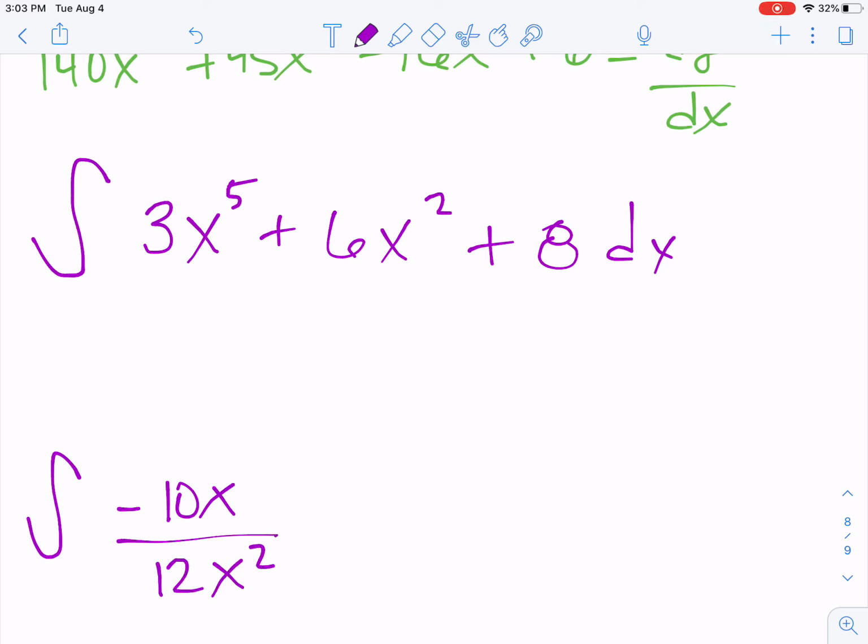Throwing a slight challenge one in here. I'm going to change that a little bit, just a little bit. Let's just make that a -3 on, and that reduces. Let's make it a -5 on top.